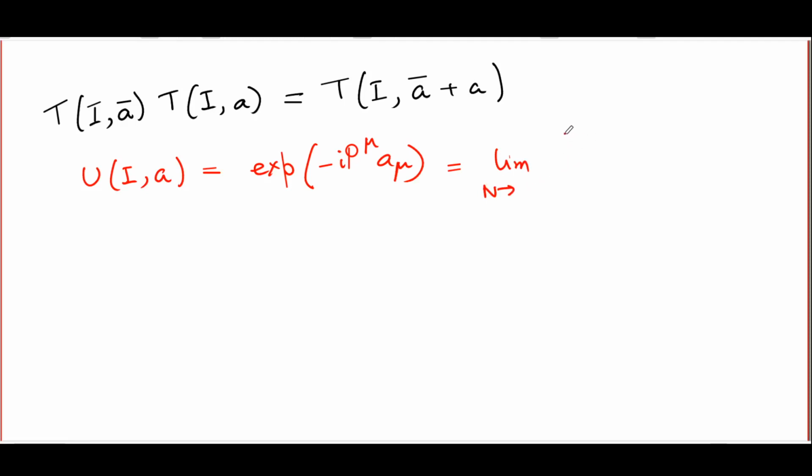So a mu by n will be the parameter which becomes infinitesimally small for huge n. So 1 minus i a mu by n P mu to the power n, which is exactly this exponential. So that's one case where you can easily figure out the corresponding operator for a finite transformation.